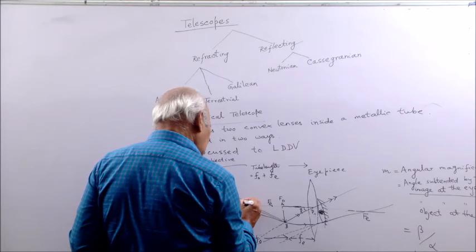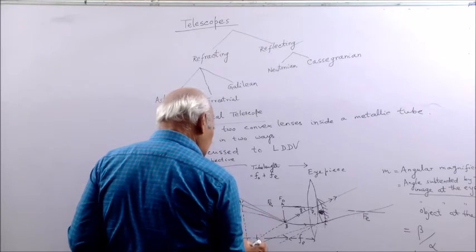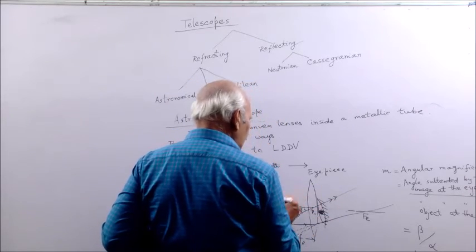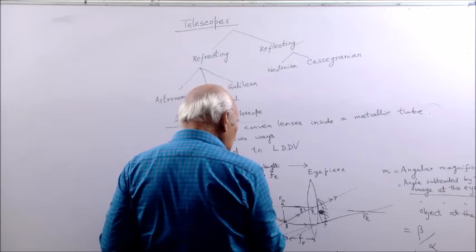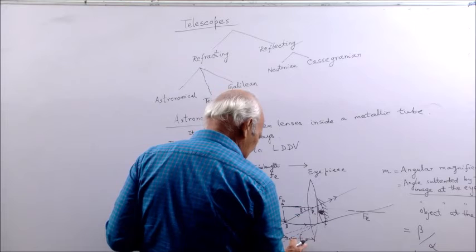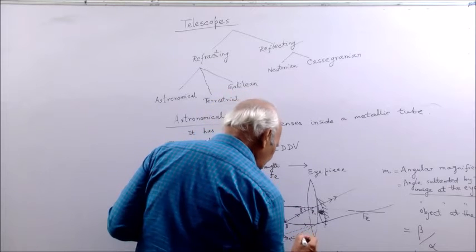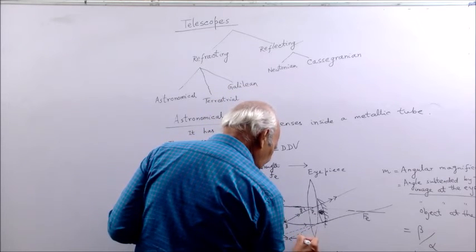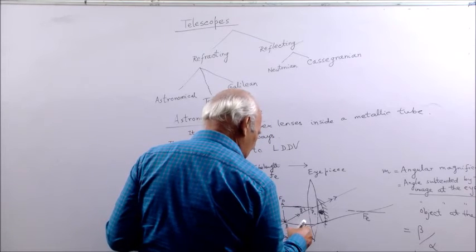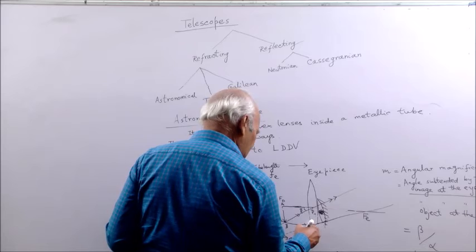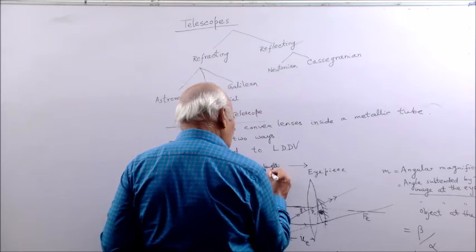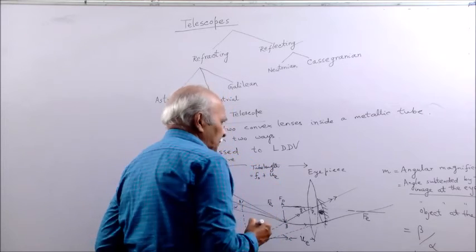So, virtual magnified image, say A dash, B dash. Here the tube length will be FO, and this is not FE. This we wrote as FE, but it is now UE. This is your UE. So, your tube length is now FO plus UE.